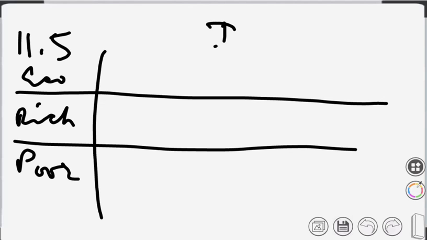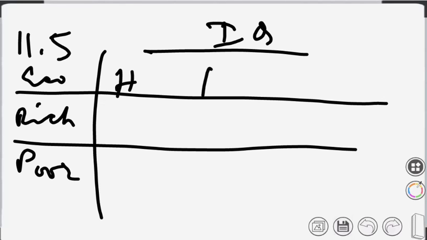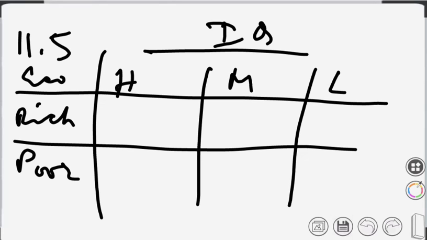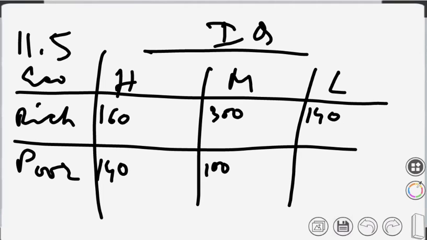And IQ level, there are three different IQ levels: high, moderate and low. So high is 160, 140, moderate, medium is 300, 100, low 140, 160, and 600 total.